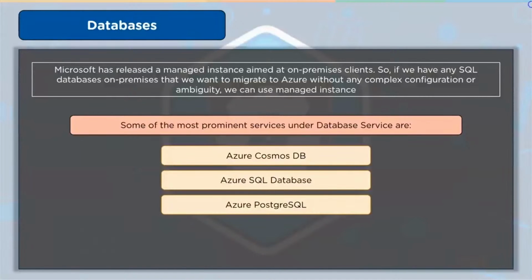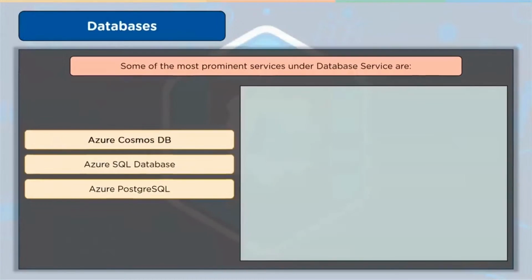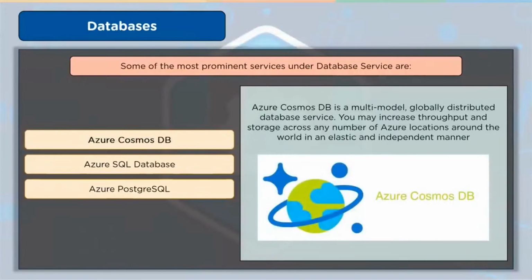Now coming to the Azure Cosmos DB. Azure Cosmos DB is a multi-model globally distributed database service. You may increase throughput and storage across any number of Azure locations around the world in an elastic and independent manner. You can use any of several common APIs to get single-digit millisecond data access.